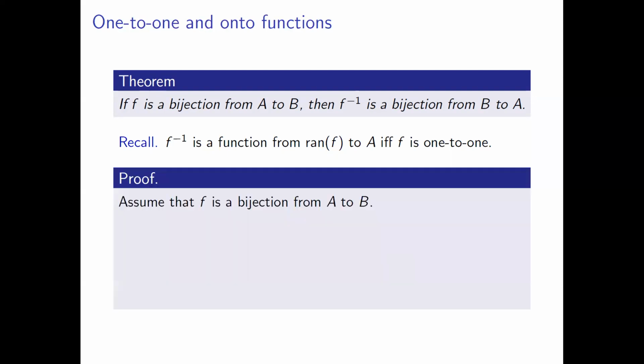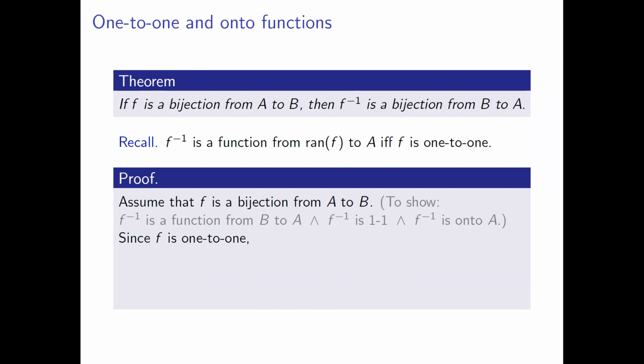To prove the result, assume first that f is a bijection from A to B. We need to show that f inverse is a function from B to A, and that f inverse is 1-to-1 and onto A. Since f is a 1-to-1 function, its inverse is a function from the range of f to A. This follows immediately from the result quoted above.